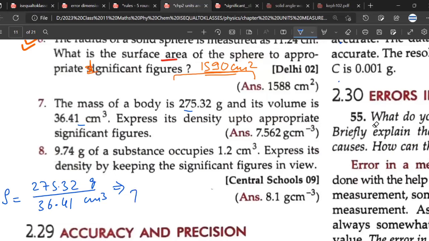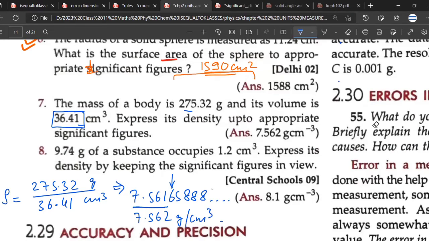So the calculator is giving me some answer like 561658888 and all nonsense. But I understand that my significant digits can't be more than 4. So these are the digits that I require. I have to leave this 6. But when this 6 leaves, it will give the answer as 7.562 gram per centimeter cube. Avantika, am I correct? Yeah.